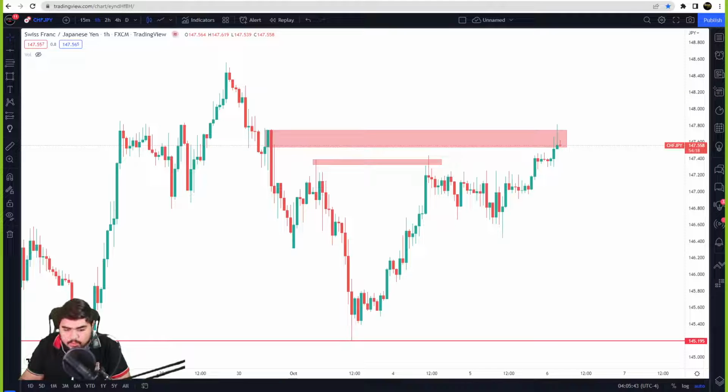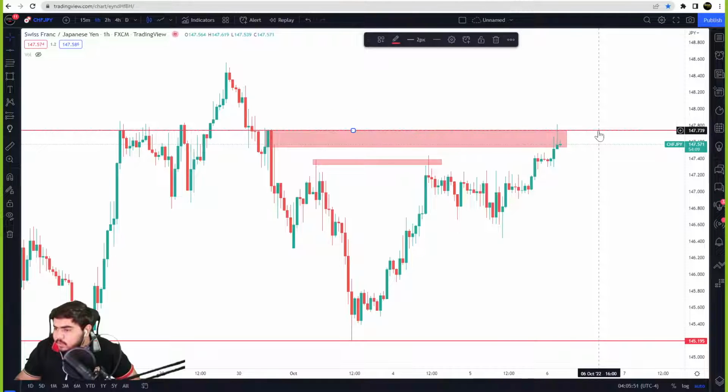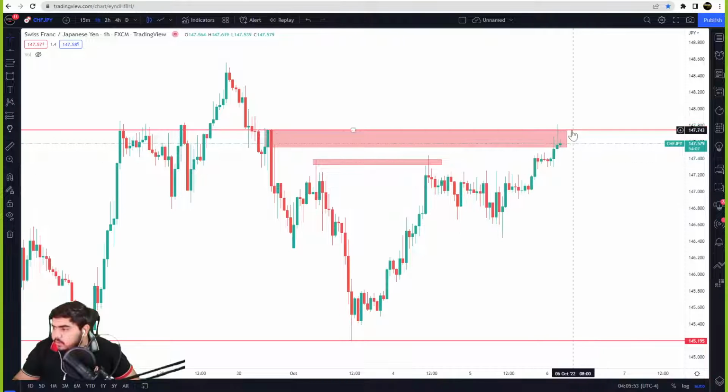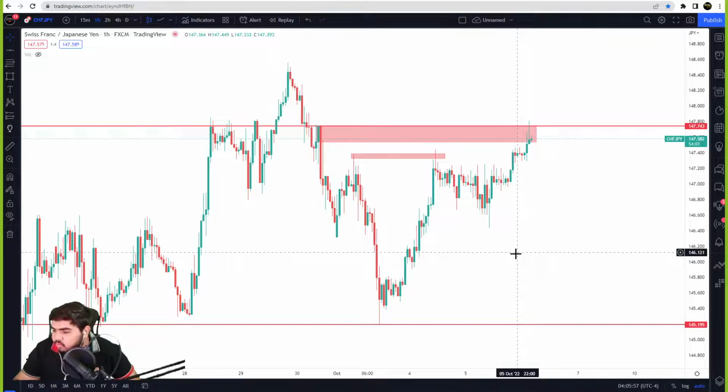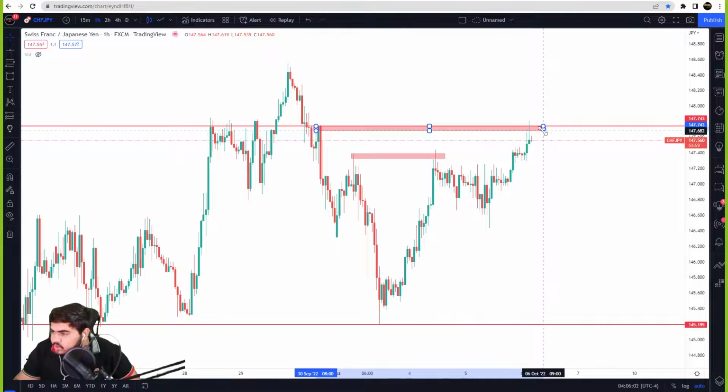Okay, good. So now what should we do? Should we look for sells if the price comes to this area? I think that would be a good thing to do. So let's wait for the market to reach this area.